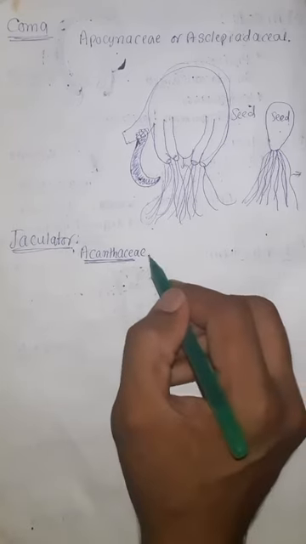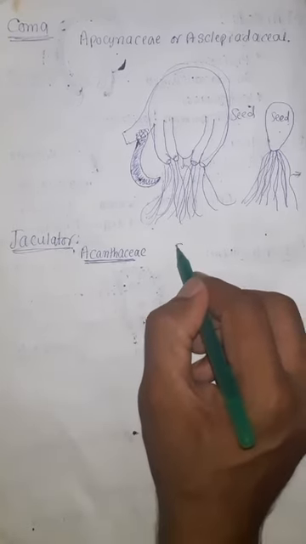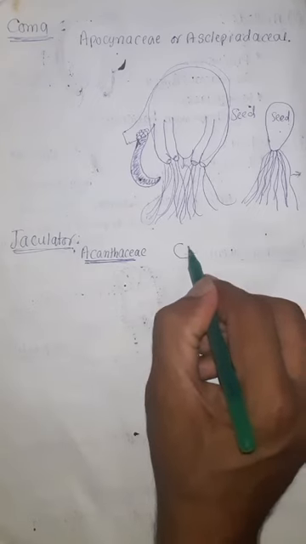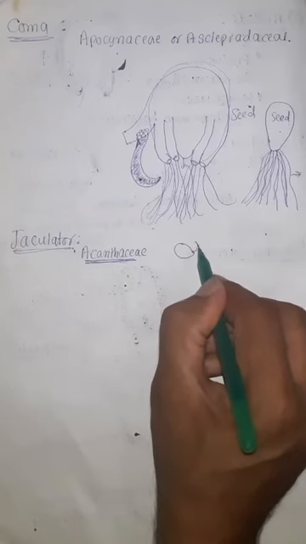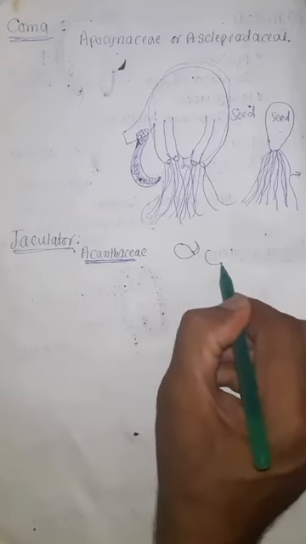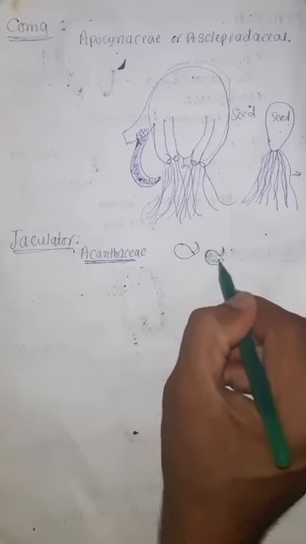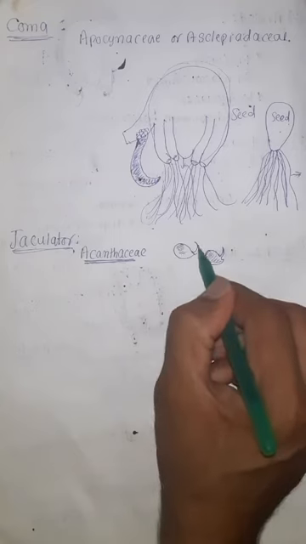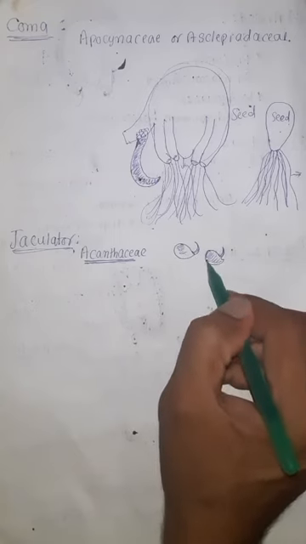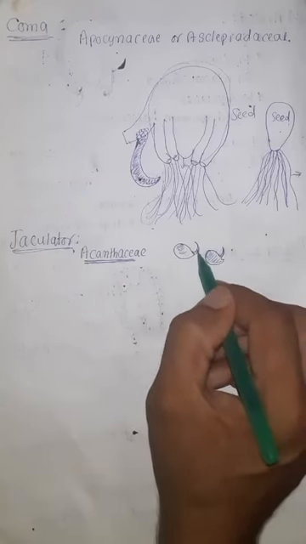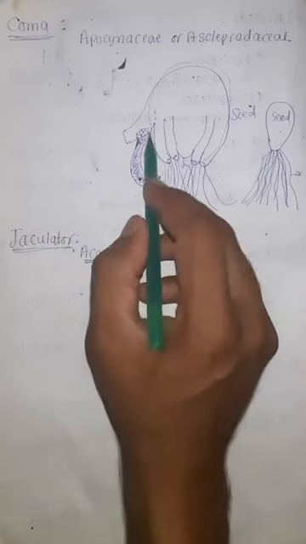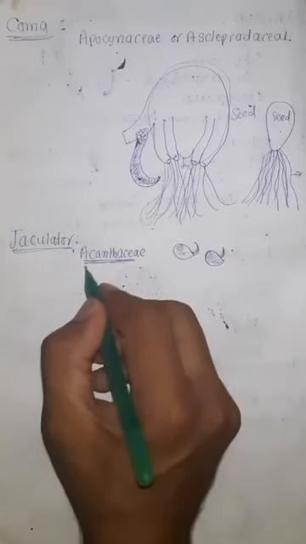We can see them even with the naked eye in the seeds of some Acanthaceae members, hook-like structures like this. After maturity also, we can see this type of outgrowth. This outgrowth originates from the funicule. That we have to remember.